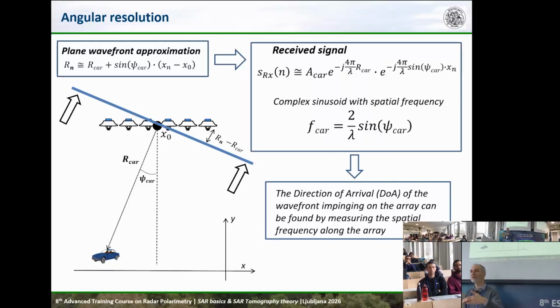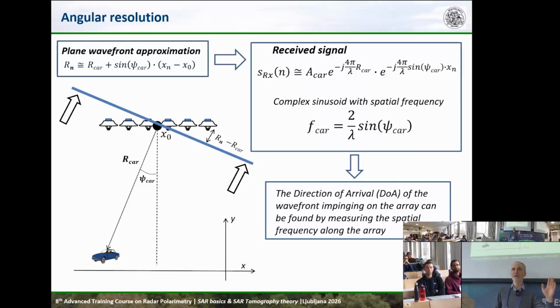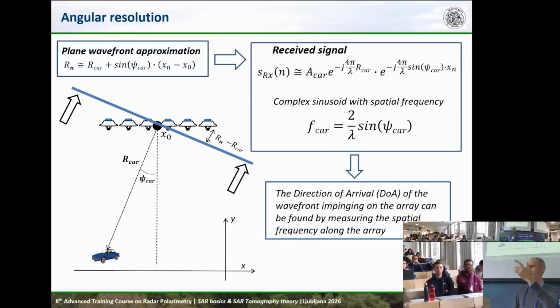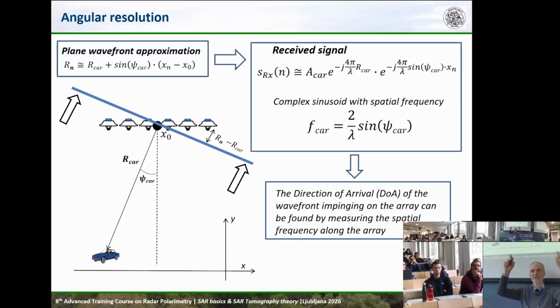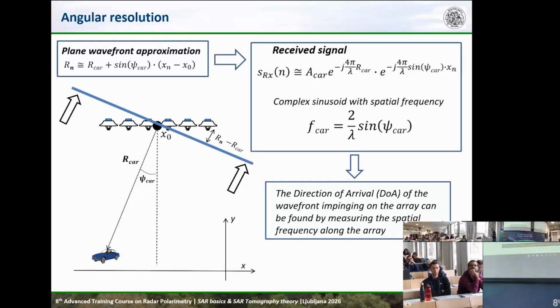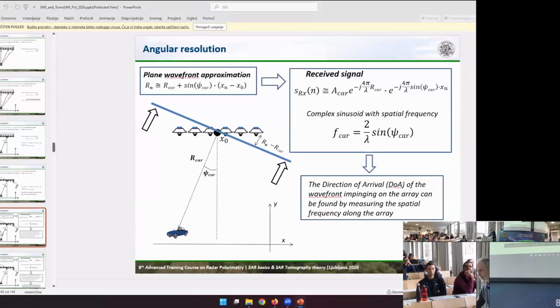So don't imagine a sinusoid as a function of t. This is a sinusoid as a function of space, exactly as we saw at the beginning of this lecture. You remember the picture? It's better to take a look at it.